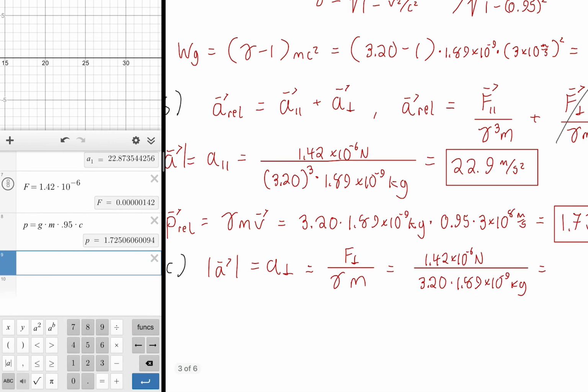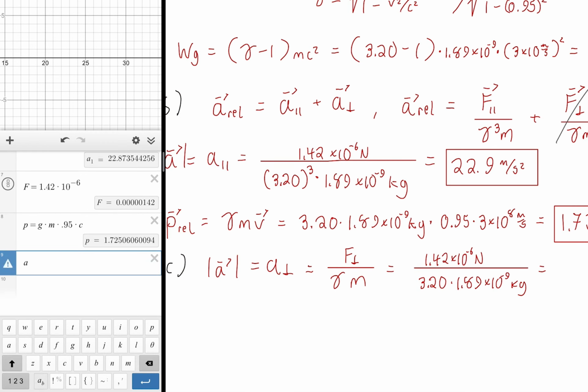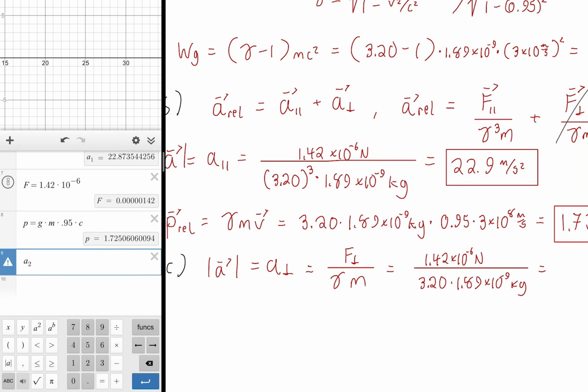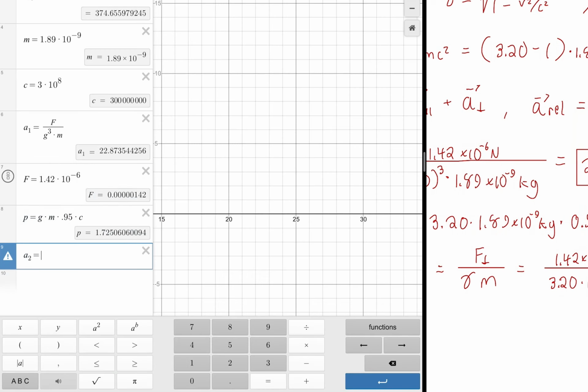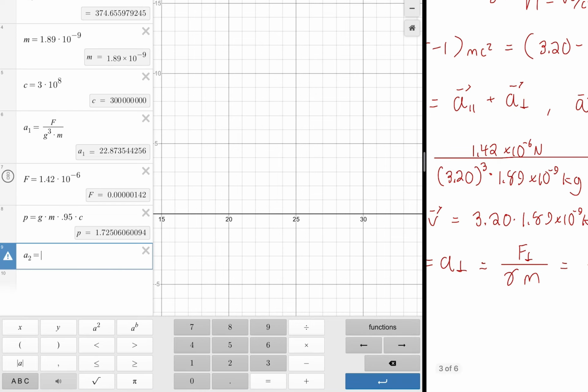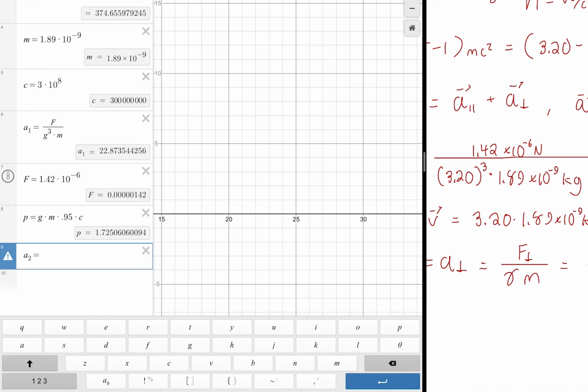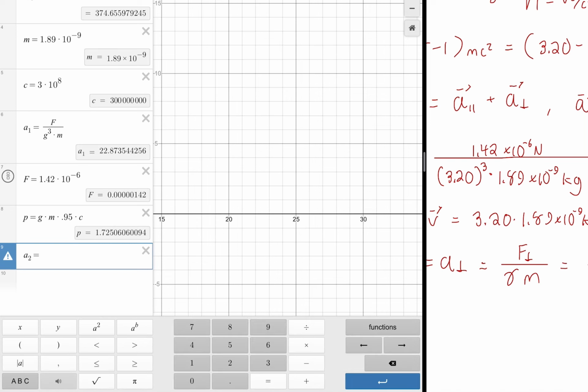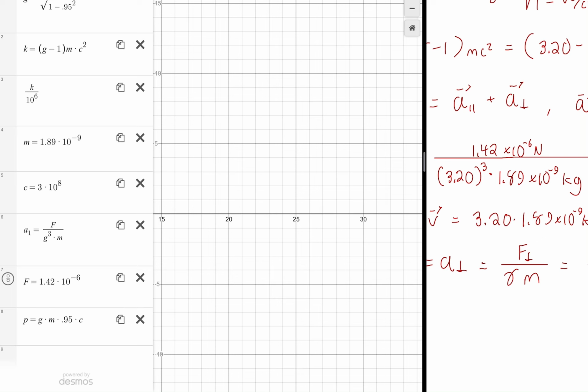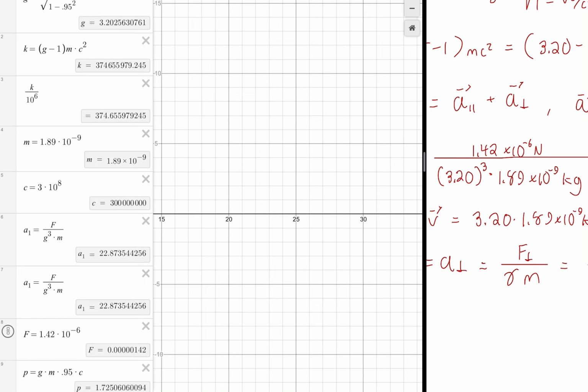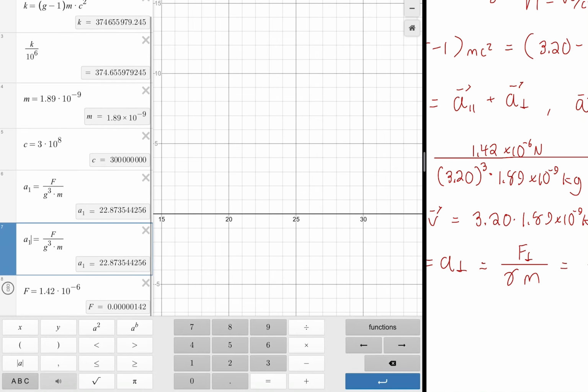That's just a2, if I'm being consistent with my notation. That one will be pretty similar. The only difference is I'm going to have just gamma m, so I can use practically the same formula. Actually, let's just duplicate this one and call it a2, as I spoke about.